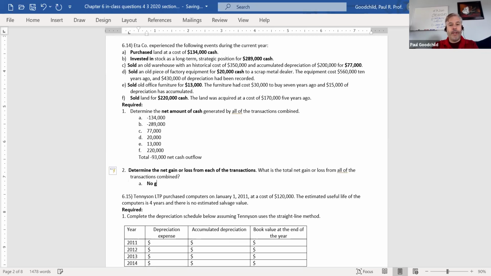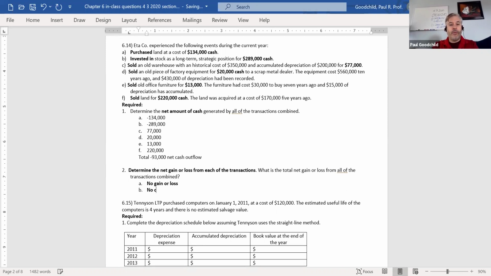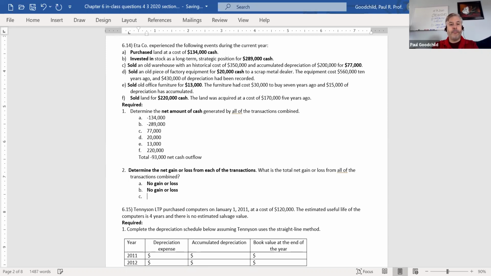So no gain or loss. No gain or loss. See historical cost, so we're book value, 350,000 minus 200,000 equals $150,000 book value.